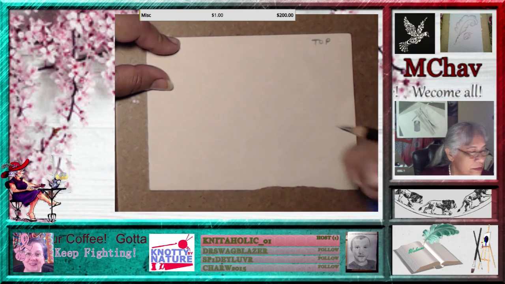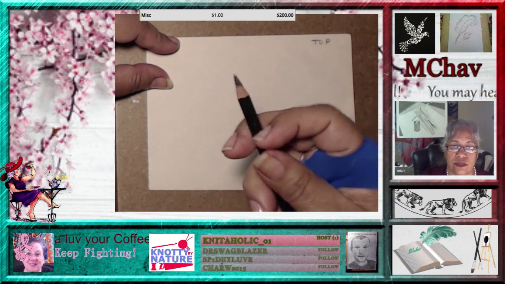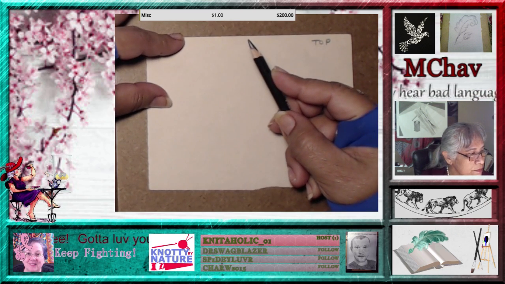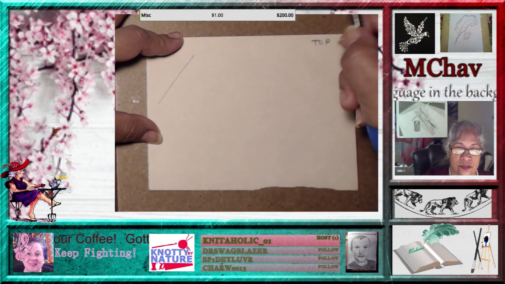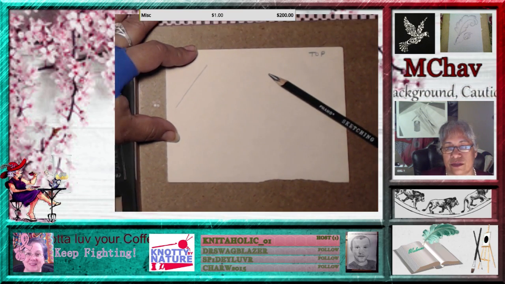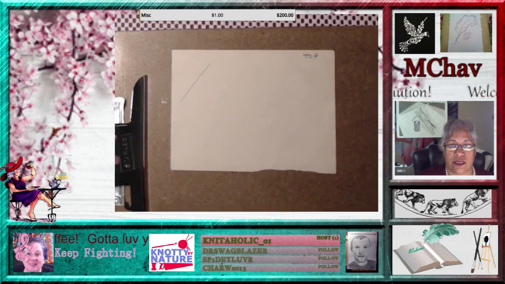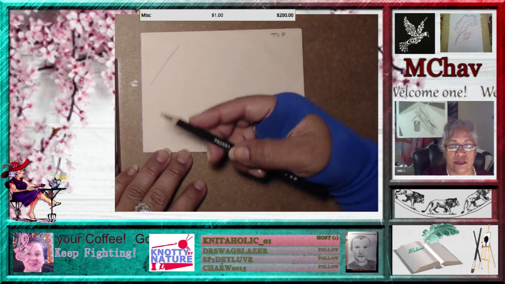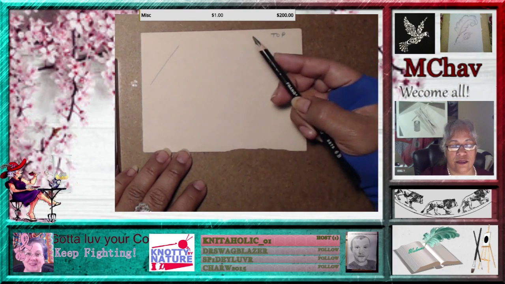That way we know that it's the top. Okay, so the lines that they're talking about, you either hold your hand like so, or you hold your hand like so to do the lines. So we're going to go up, and you're not going to turn your wrist to do it. I should make that a little bit further here, so you see my hand. And I'll bring this up this way so you can see whether my hand turns like this, or you see my hand go like this.